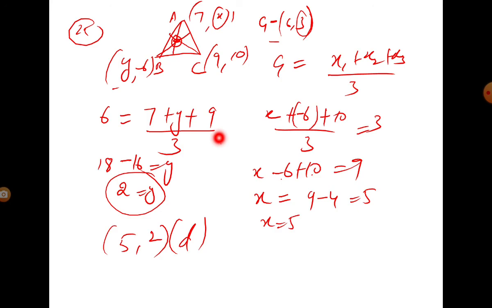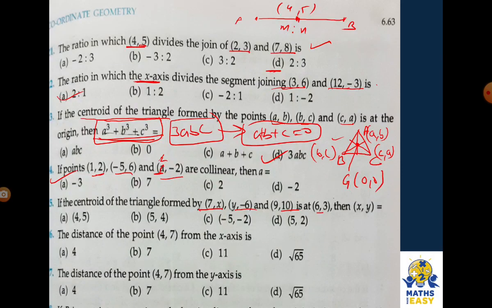That is question number 26. Now the distance of the point 4 and 7. Let us check here. So the distance of point 4 and 7 from the x-axis. This is your x-axis and here will be the y-axis.